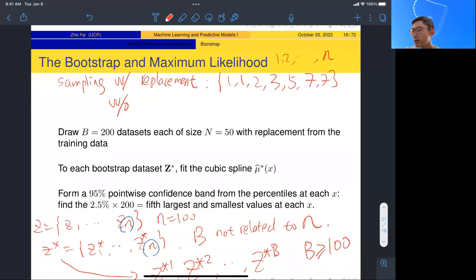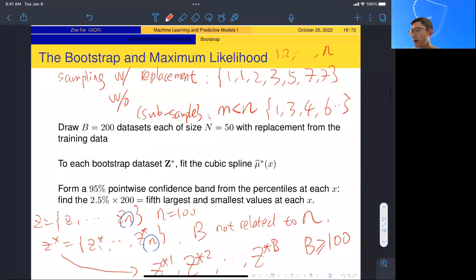But sampling without replacement is essentially subsampling. For subsampling, yes, you need to have m that is less than n, so you only take a subsample of your original size, and there are no replicates.